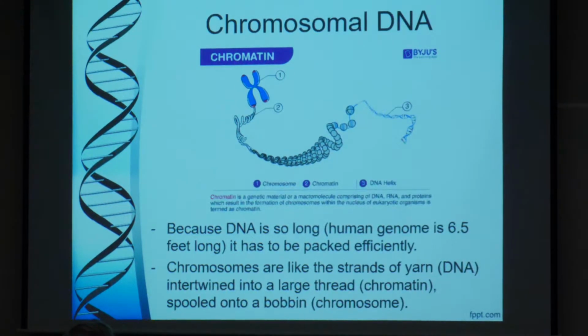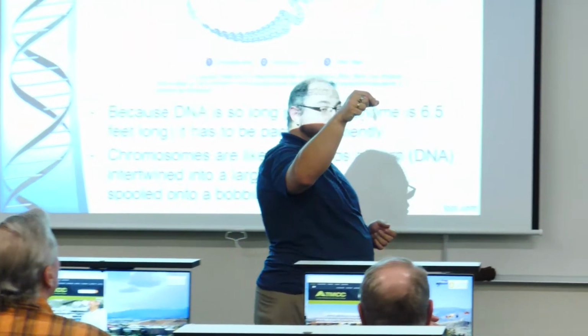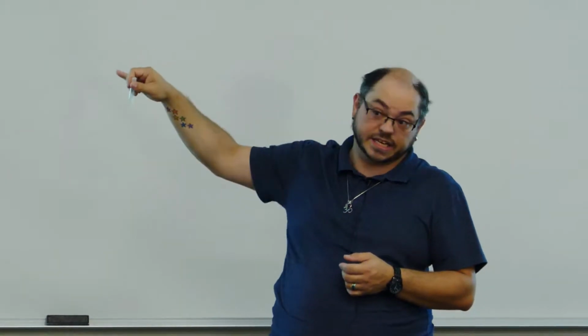So, gotta have a show and tell. Have to have something hands-on. Right here is a little sample that I have of DNA in the form of chromatin. This is DNA that is still attached to those proteins. If I wanted to take the DNA and remove those proteins from it, the DNA would basically just completely break apart into solution.